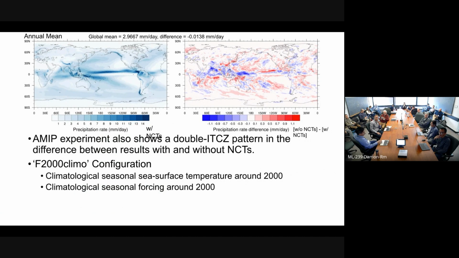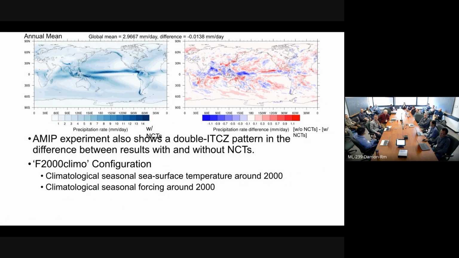I'll conclude later, but I also did the AMIP simulation with a similar setting, turning off the non-traditional Coriolis in one simulation and turning it on in the other. This is the annual precipitation, and this is again the difference. This is an AMIP simulation, so I'm not calling this bias.